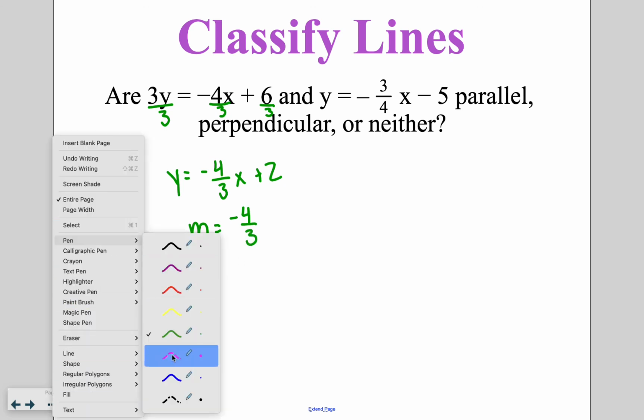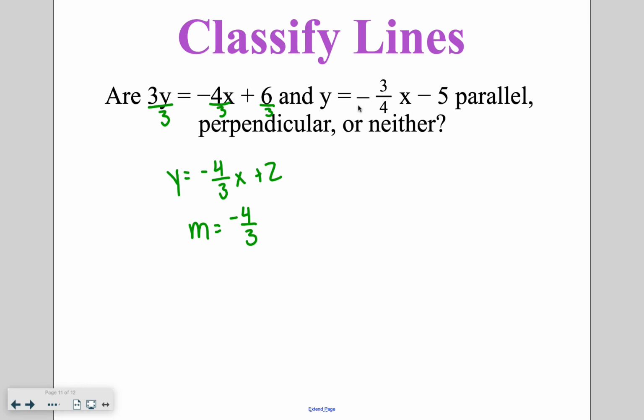In the second expression, we already have y by itself, so I can pick out my slope directly and get my slope is equal to -3/4. Those two values do not match, so it is not parallel. For the perpendicular part, they are reciprocals.